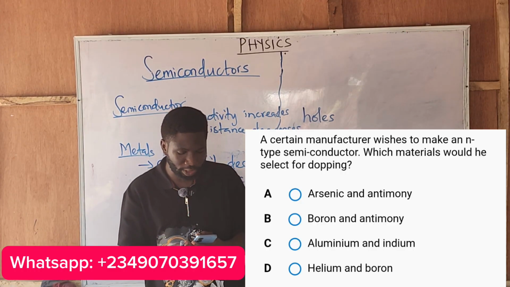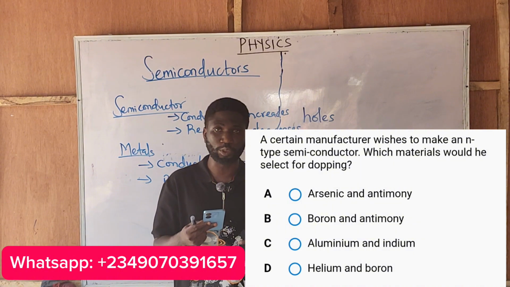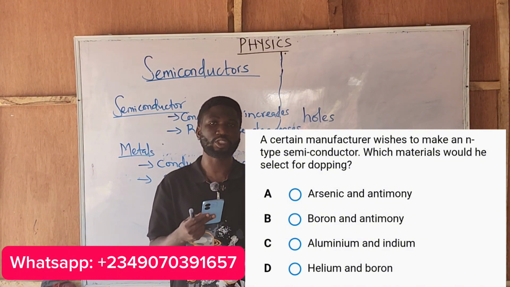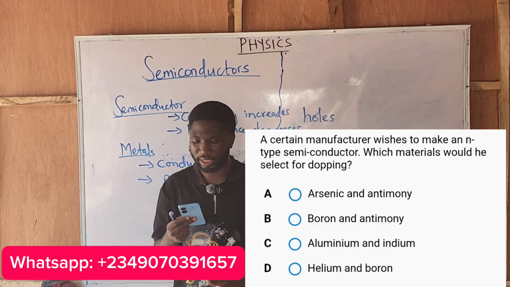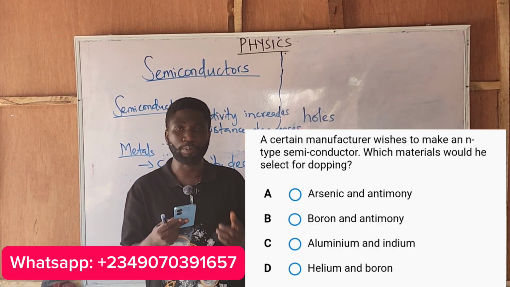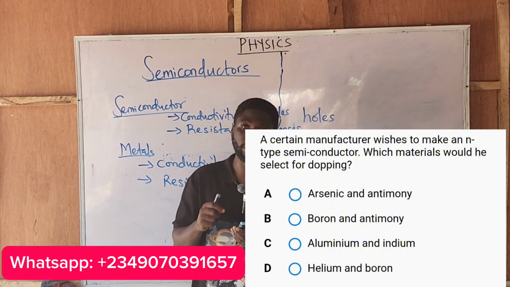If you check option A, we have arsenic and antimony. That should be the correct answer, because boron in option B is trivalent. In option C, both aluminum and indium are trivalent. And in option D, boron is also trivalent. So the right answer there is option A.